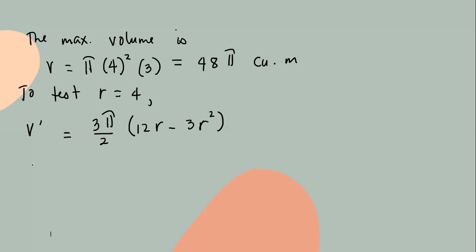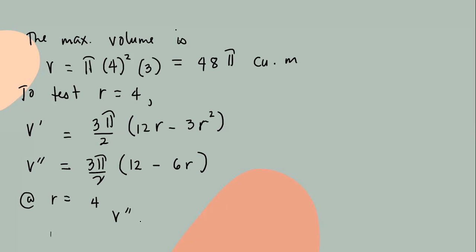Our double prime is equal to 3 pi over 2, since it is a constant, times 12 minus 6r. Then when r is equal to 4, V double prime is equal to 3 pi over 2 times 12 minus 6 times 4.